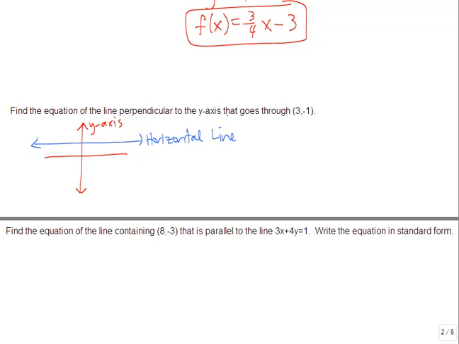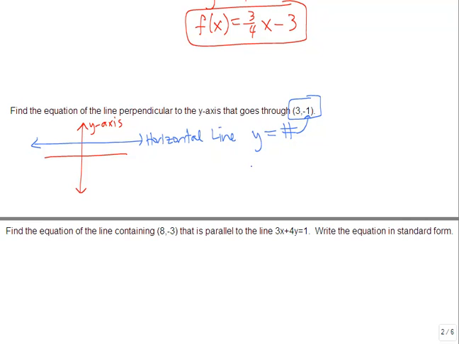Now, what do you know about horizontal lines, or what should you have memorized? Every horizontal line is always of the form y equals a number, y equals a constant. So if I know that I want this line to go through 3, -1, what does the y have to be? It has to be the y value of that point.